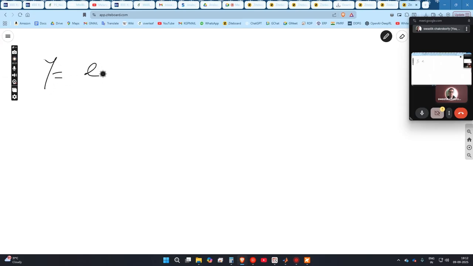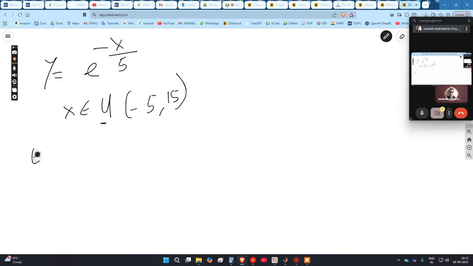Here y equals e to the power minus x by 5. Now x is uniformly distributed, between minus 5 and 15.